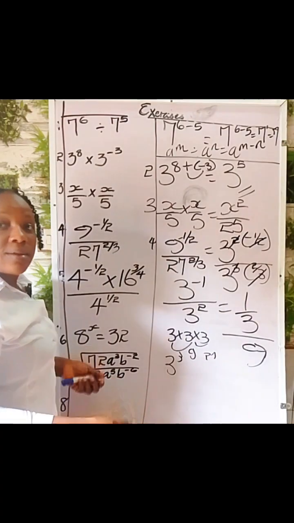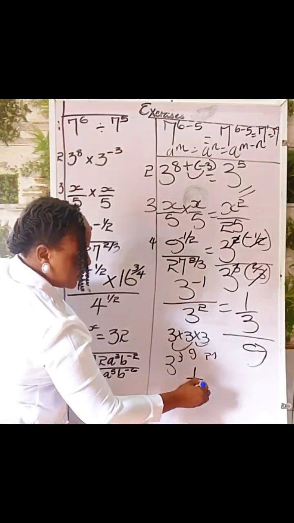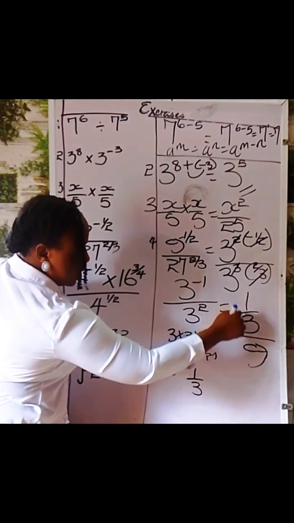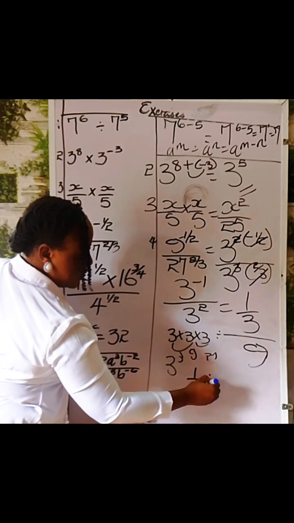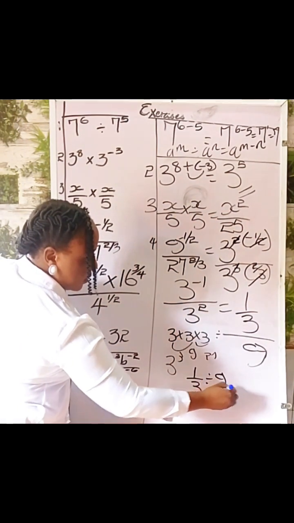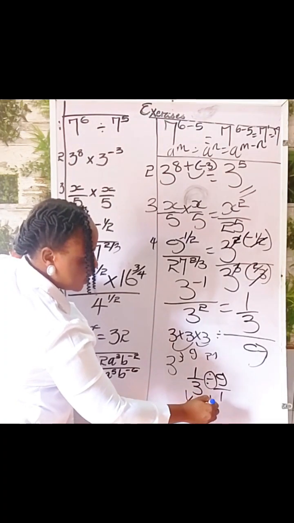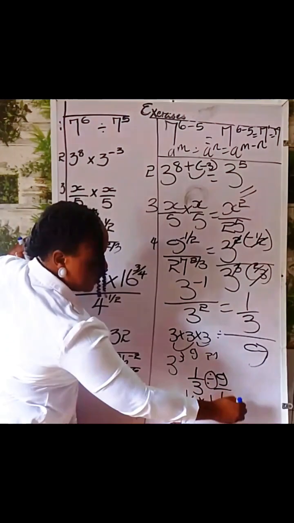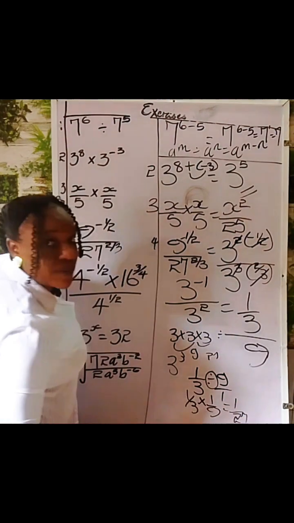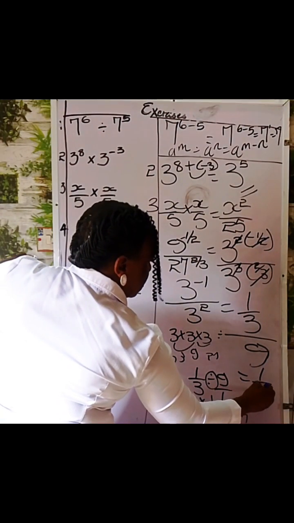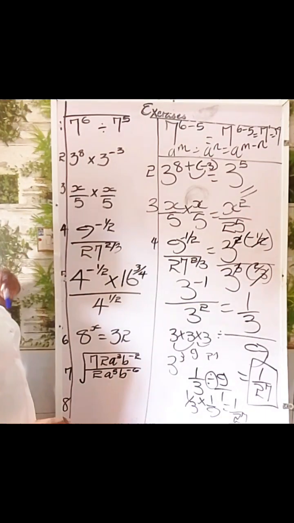So according to our mode of operation, we have 1/3. Now divide, this one means divide by this 9. This has to change. It becomes 1/3 times 1/9. That means 3 times 9 is what? 27. Here our answer will be 1/27. That is our answer.